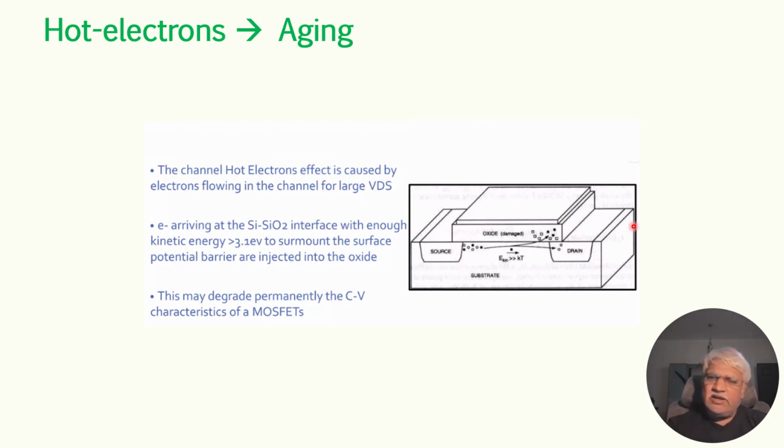Very similarly, even in PMOS transistors, the holes will be able to go through the same thing, and they will also be able to punch through. Only thing is, because the hole mass is larger, they will not be able to make so much of an impact. Thus we don't see hot holes.